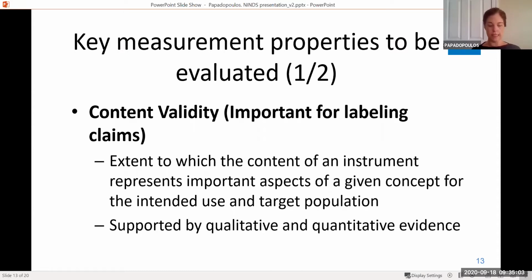This is, of course, key, as we want to ensure that the labeling is accurate with respect to the concept of measurement and is not misleading in any way. Content validity is supported by both qualitative and quantitative evidence. Importantly, if content validity evidence is inadequate, there is really little reason to test or consider other measurement properties.